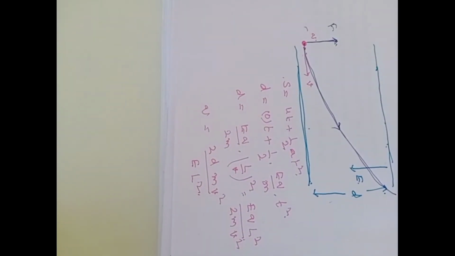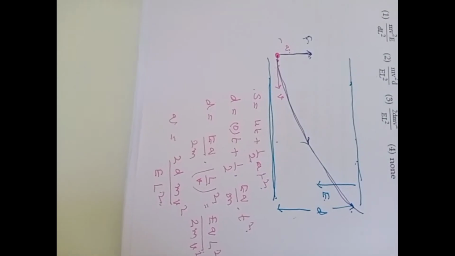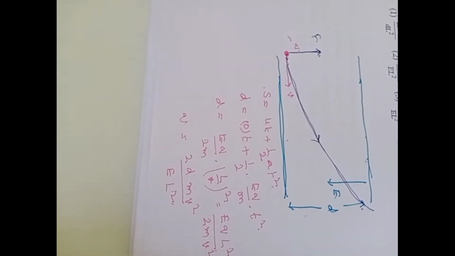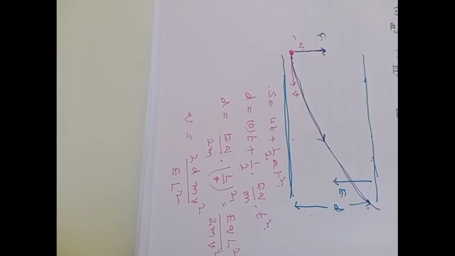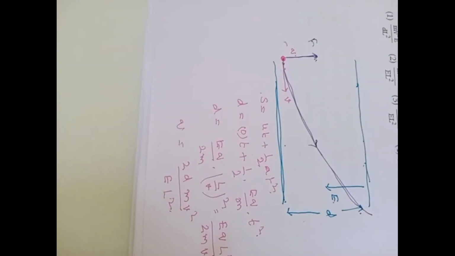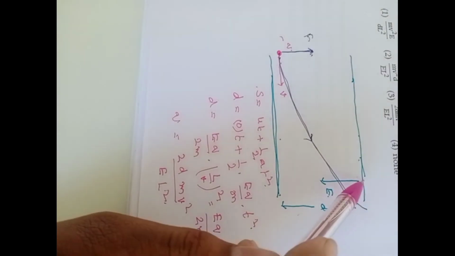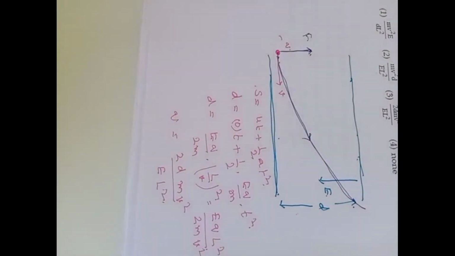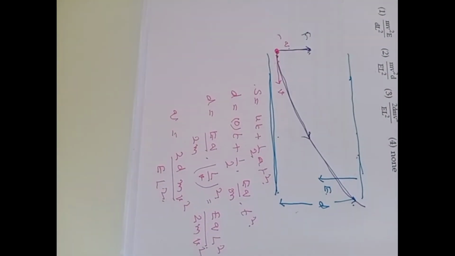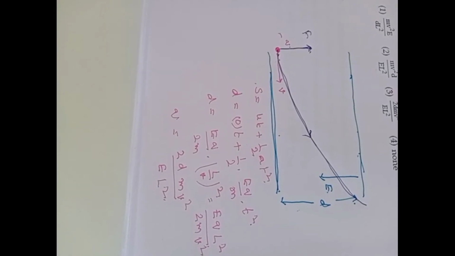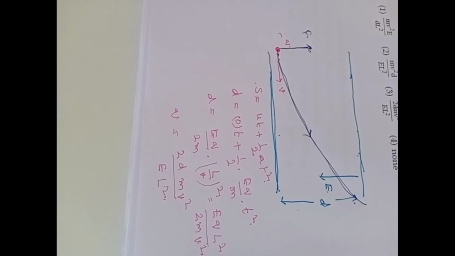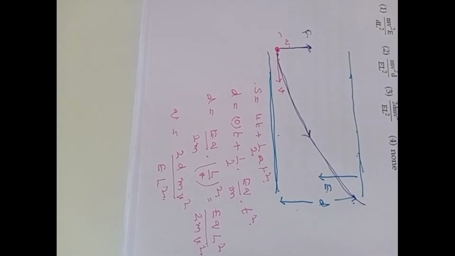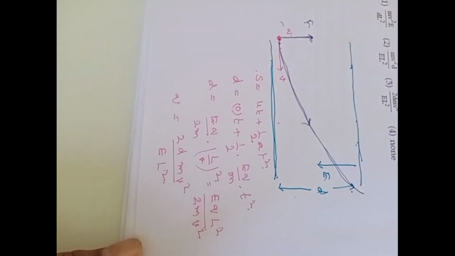So the charge will be equal to 2d m v square by E L square. Simple question only. What you have to understand is that a negatively charged particle entered between the two plates, the electrical force applies a force on it in the opposite direction, so that it will not hit the plates, you have to consider like this.